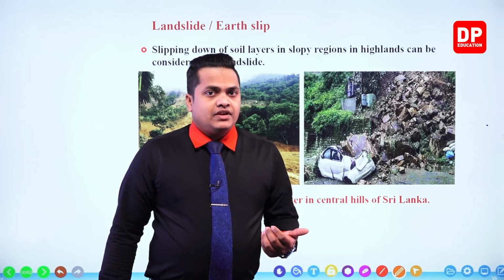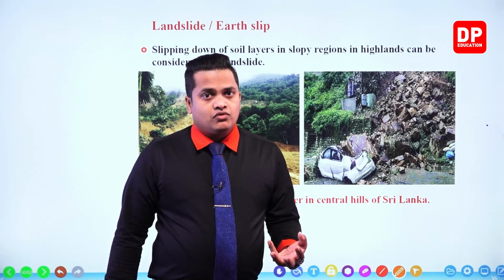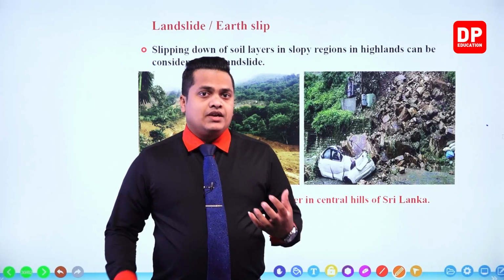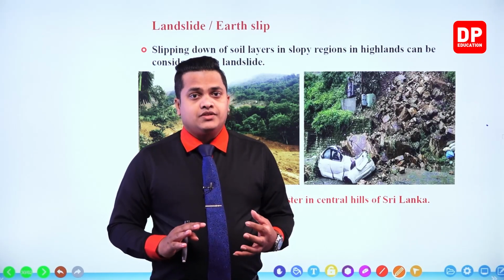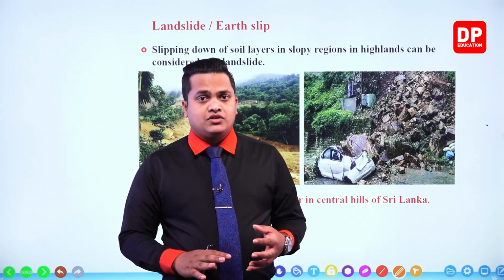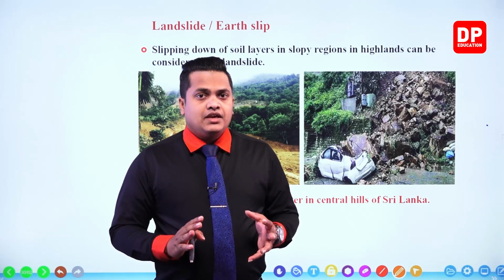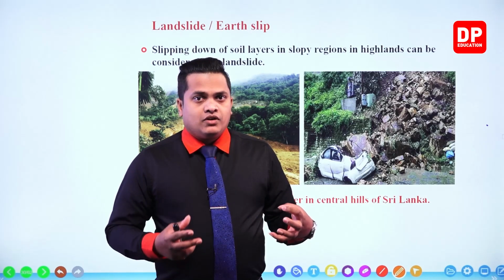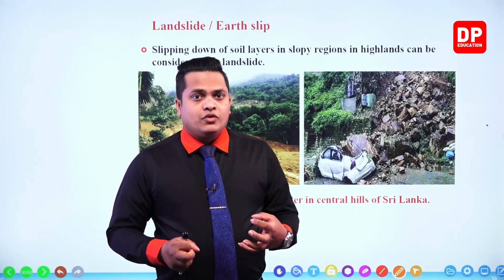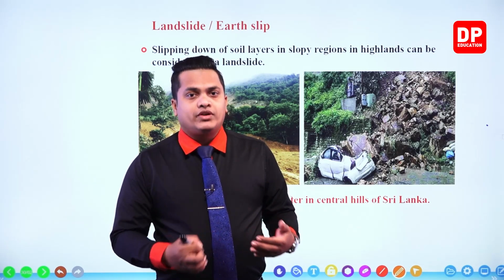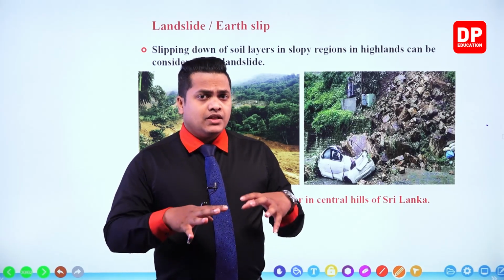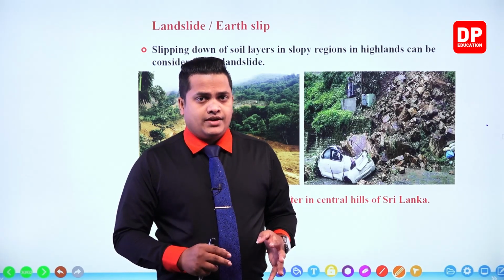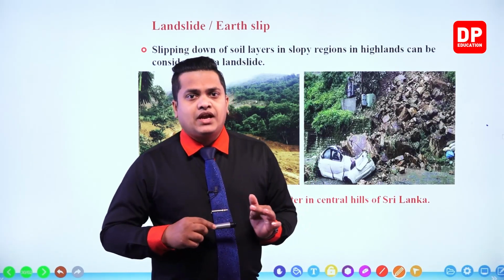and also due to the gravitational force of the earth, you know that the earth has a gravitational force, and upon having high potential energy, if the land or the soil becomes muddy and watery, in this case the land or the soil layer will come down with water, because of the gravity and that high potential energy.